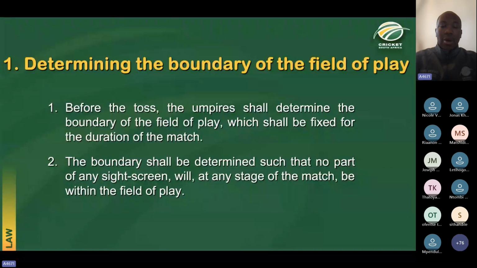However, a recent International Cricket Council playing condition states that any obstacle outside the field of play cannot be closer than 3 yards or 2.74 meters from the boundary rope. So then sight screens should now be at least 2.74 meters away from the boundary rope.